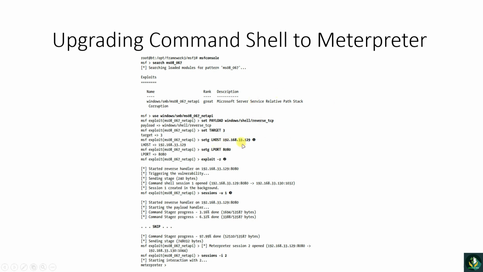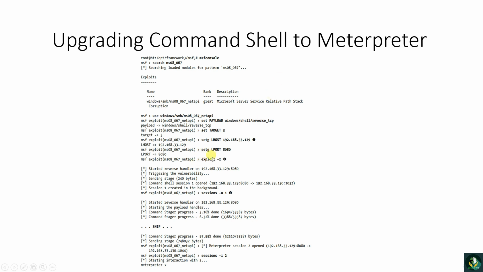Here, as you can see, we issue the setg command for LHOST and LPORT, which is required in order for sessions -u to upgrade to Meterpreter. The setg command sets LPORT and LHOST globally in Metasploit, not just for this exploit.